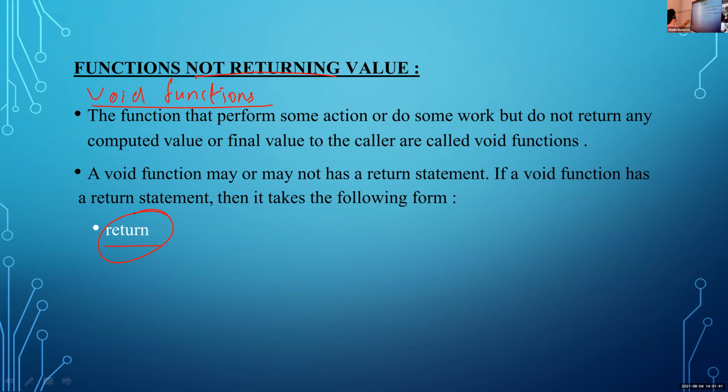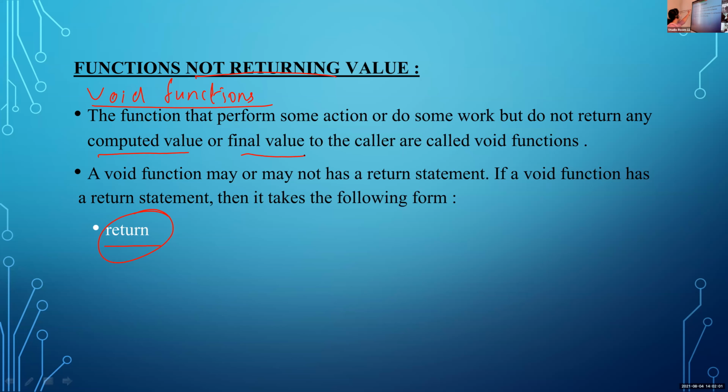Okay, so the first sentence, it is the function that performs some action. It performs some action. Addition operation is there, subtraction operation is there, some action is there, but it will never return a computed value or final value to the main program.